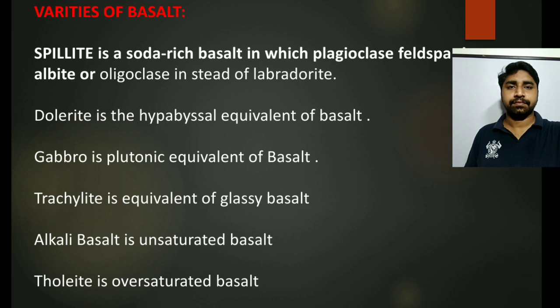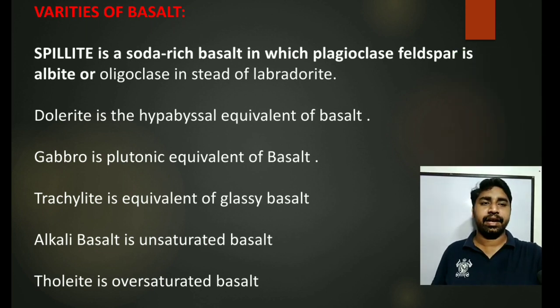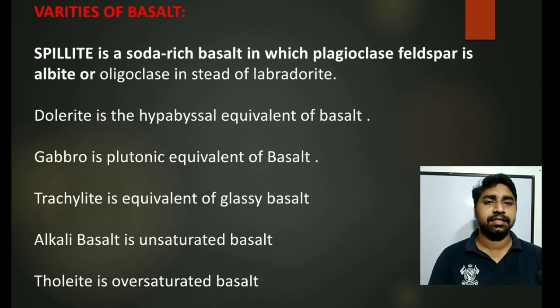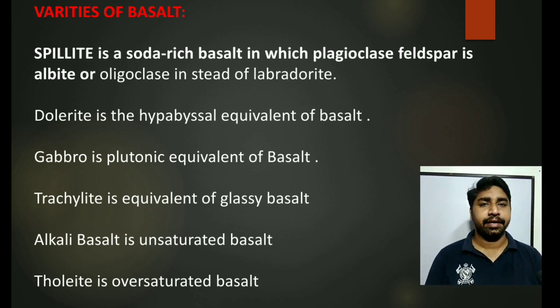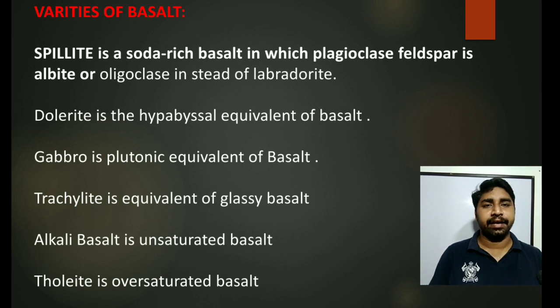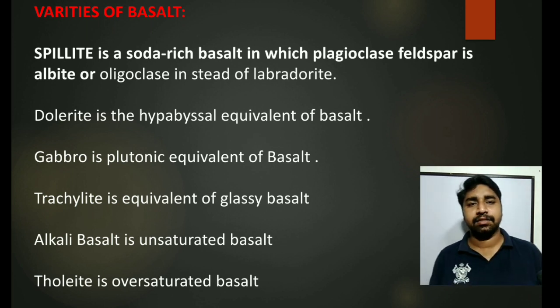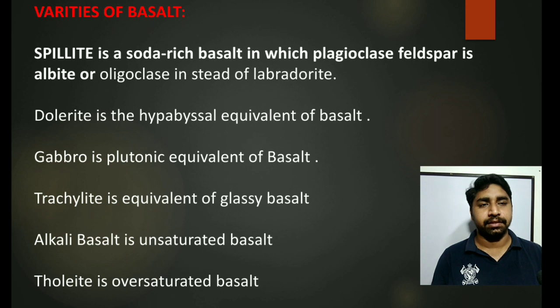Next, coming to the varieties of basalt. Spilite is the soda-rich basalt in which the plagioclase feldspar is albite or oligoclase instead of labradorite. So if the plagioclase feldspar is not labradorite, then it is called spilite or soda-rich basalt.